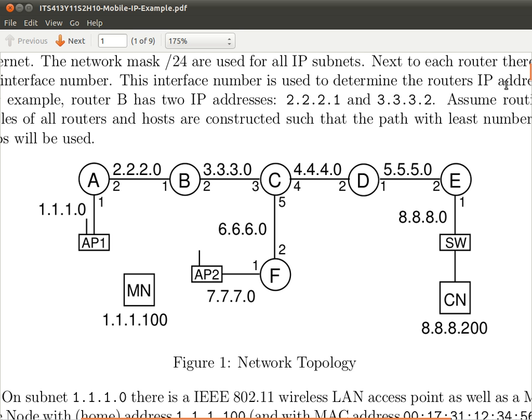Deliver that IP datagram as it is to that mobile node because we know its MAC address. We simply create this frame again and send it there. So we can bypass the home agent in this case. That's a special case scenario. Any other questions on how data is delivered in mobile IP?